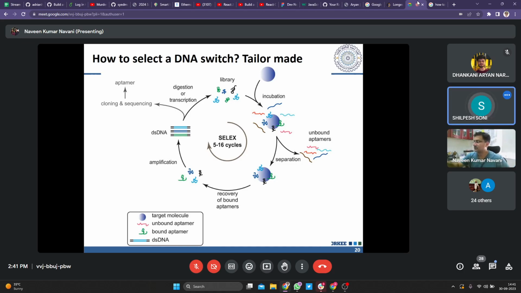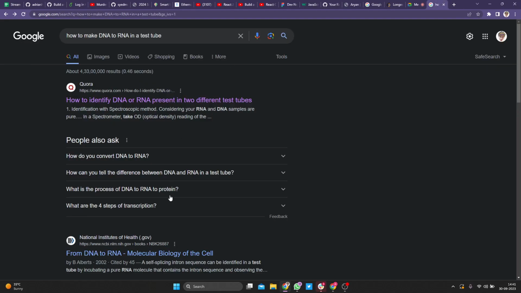Shilpesh, to make RNA from DNA, what will we have to do? So we can do simple translation. Translation? Pratyush? Transcription, sir.